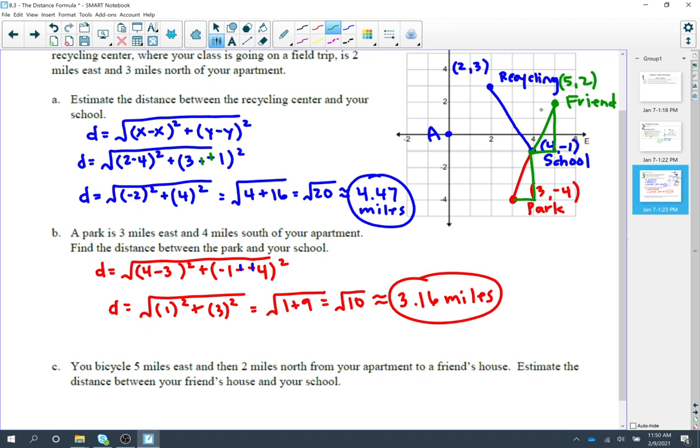But if you think about your Pythagorean theorem and how it relates to the distance formula, going over 1 and up 3 from the park to school and over 1 and up 3 from the school to your friend's house, these are really the same distance. So I don't have to calculate again. I already know that it's 3.16 miles.